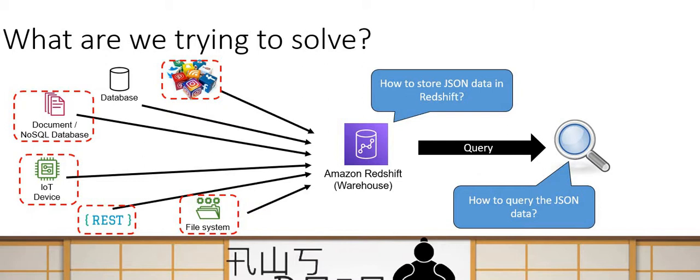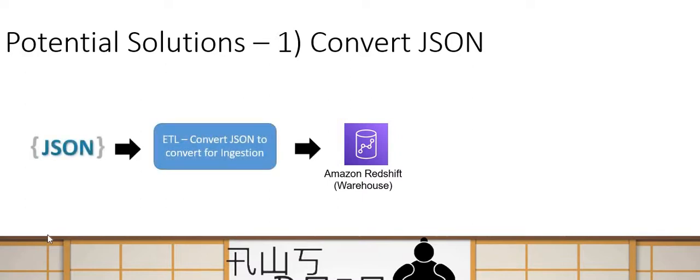There are various ways you can solve this problem. One way of solving the problem is to convert your JSON document. For instance, you're getting a JSON document from one of the data sources.